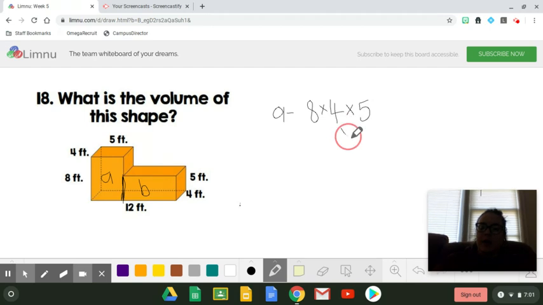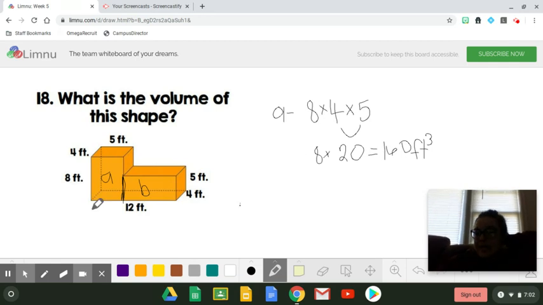And so I know that 4 times 5 is 20. And I can multiply 20 times 8. And 8 times 2 I know is 16, and I can add a 0. So part A is 160 feet cubed.